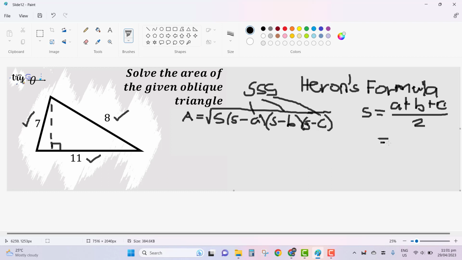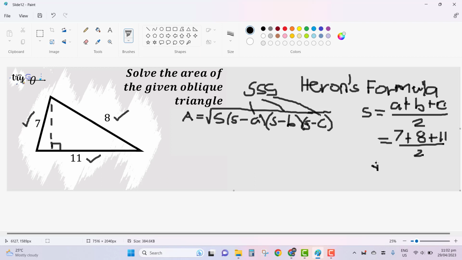So in solving the area of the oblique triangle using the Heron's formula, let's start by solving the value of S here. Again, you can choose the side measurement which could be labeled with A, B, and C. Nevertheless, we can just simply try using 7 plus 8 plus 11, and all to be divided by 2.